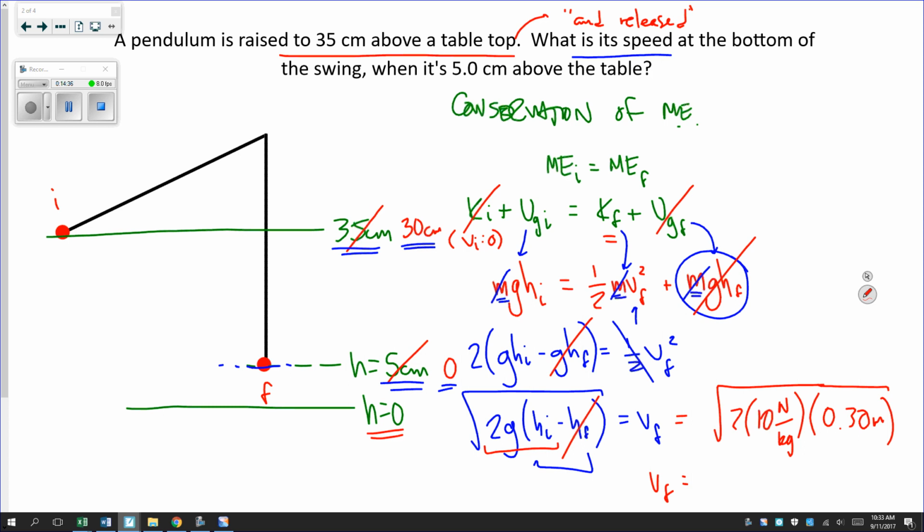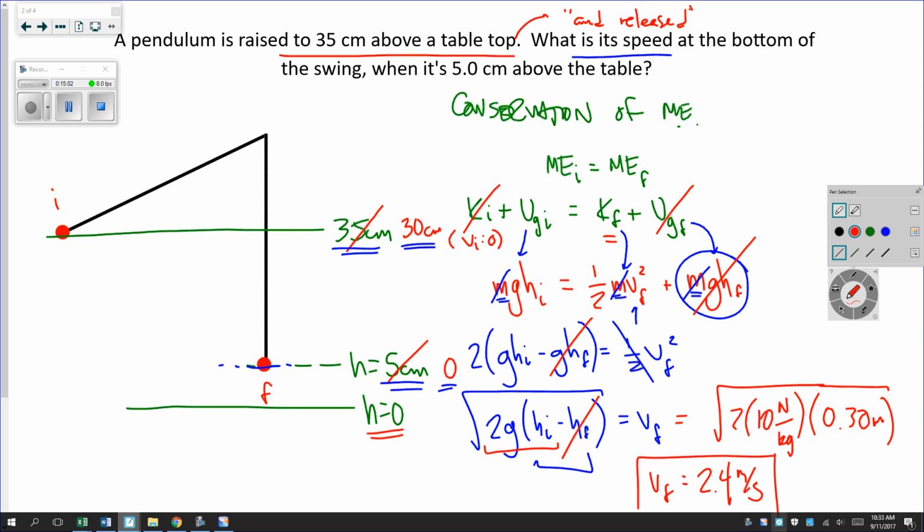So 20 times 0.3, that's 6. The square root of 6. What's the square root of 6? It's like 2.5. 2.5 squared is 6.25. Let's call it 2.4-ish. You can solve it in more detail. There's your answer.